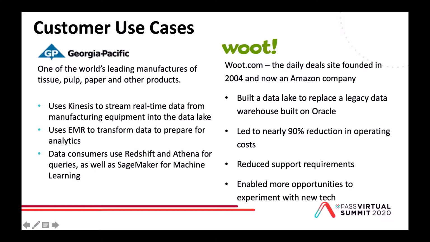Another customer use case is Wood.com. They leverage AWS Data Lake to reduce the operational cost by nearly 90%, as well as the support requirements. The data lake gives their team more opportunities to experiment with new technologies, to move faster, and be more agile.